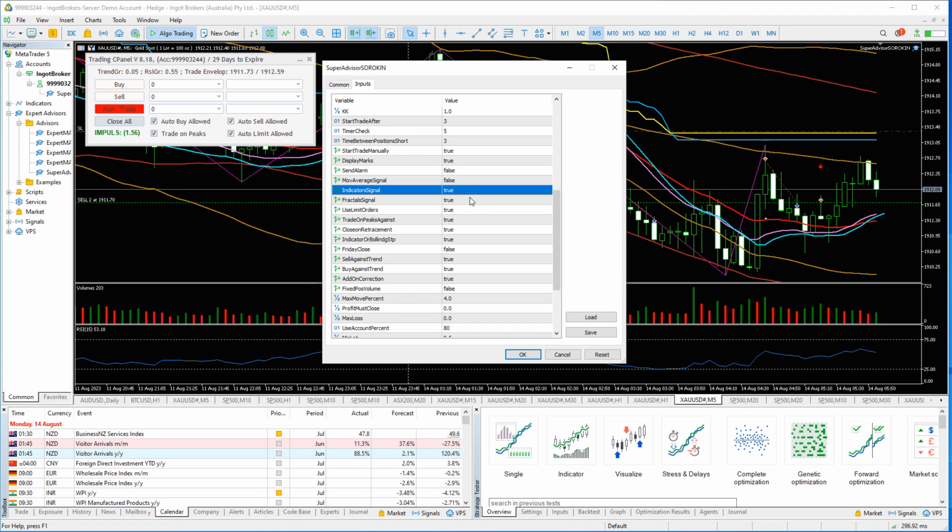So with indicator signals, when all the indicators cross, it will give you a signal. If any fractal is formed or there's a reversal here, in combination, it also gives you an alert. Use limit: the system operates with limit orders if you switch to automatic mode, limit orders or stop orders.